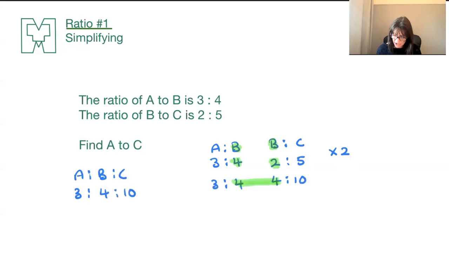When I read the question, it wants A to C. So we finish it off by just writing A to C is 3:10. So it's all about getting that common letter within the story to match, and then everything will just work out from there. Okay, short and sweet.